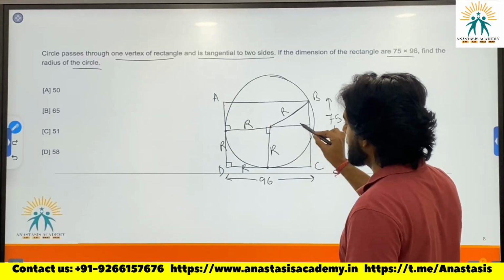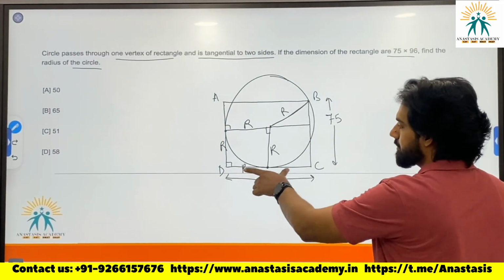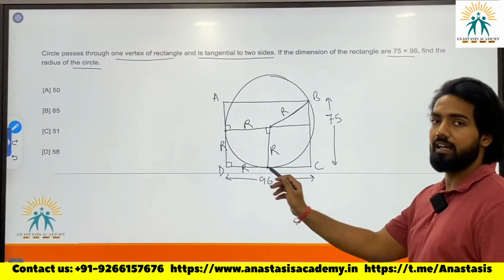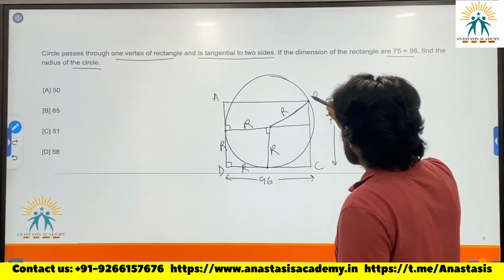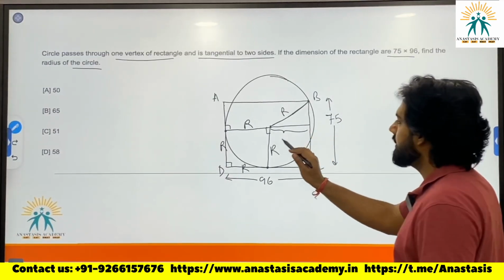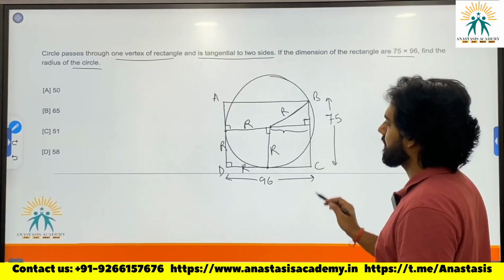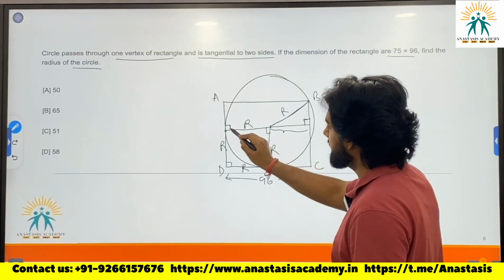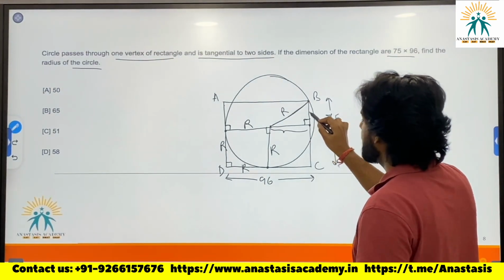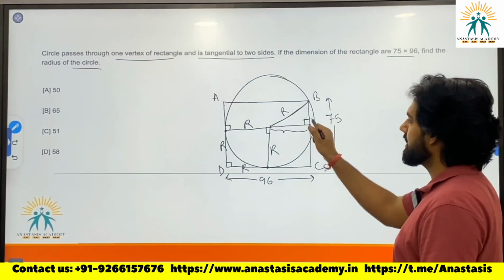So this line would be parallel to CD, and also parallel to this side of the rectangle, because I am trying to make a Pythagoras triangle here. I know this angle is 90, and when I extend this line, it will be perpendicular to this side of the rectangle. So this is 90 degrees.